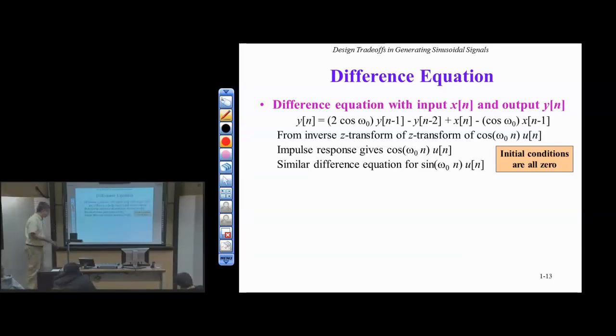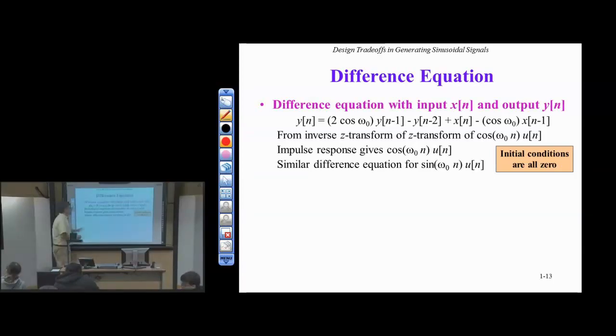And this is right from homework 0. So here is y of n, the current output value. We're now going to reuse previous calculations to compute the current amplitude value. And in homework, you'll show that this difference equation will give you a cosine.